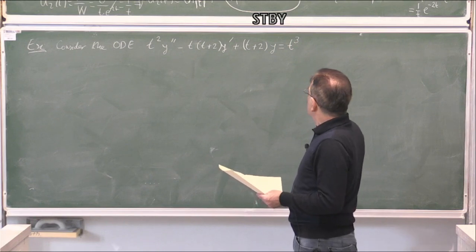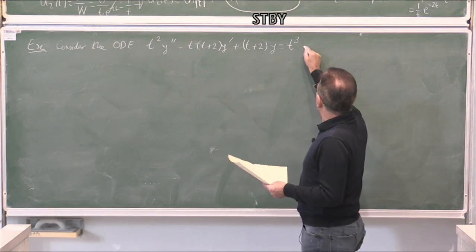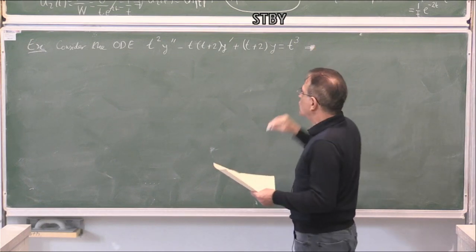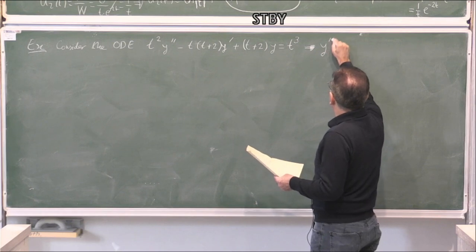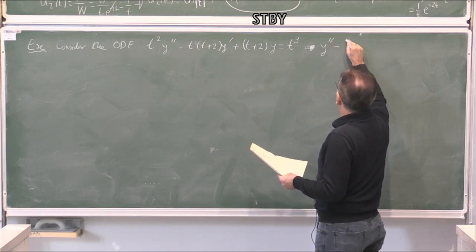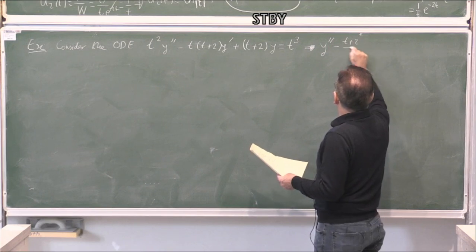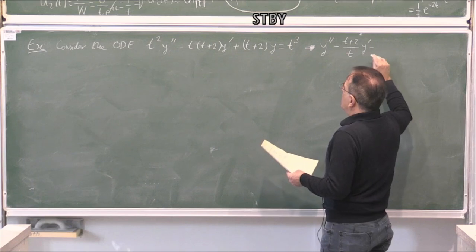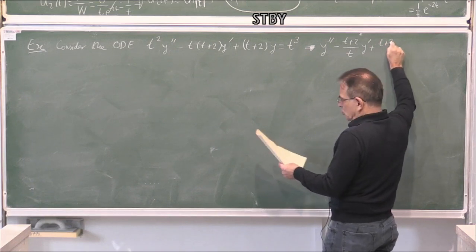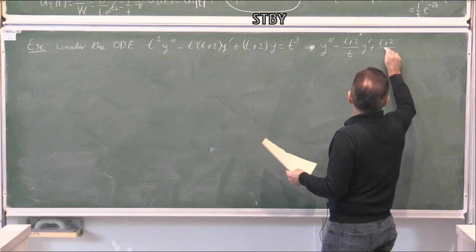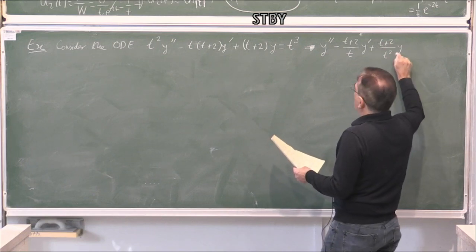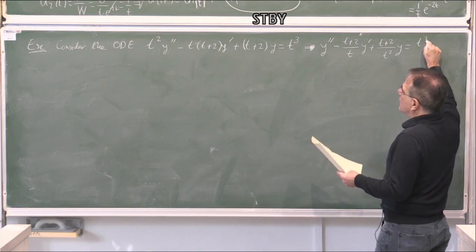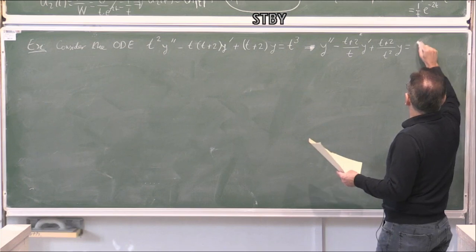Okay? So, as you remember, do not forget, you have to consider the reduced form in order not to make any mistake. So, we have y double prime minus (t plus 2) over t y prime plus (t plus 2) over t squared y is t cubed over t squared, so t.